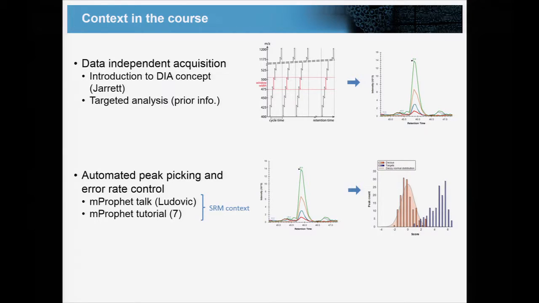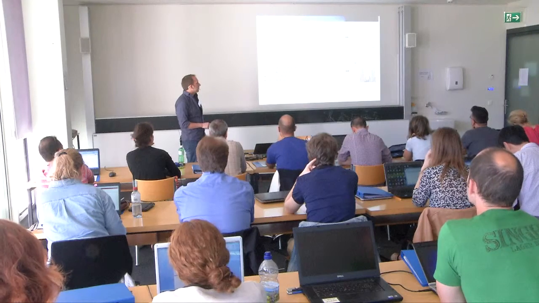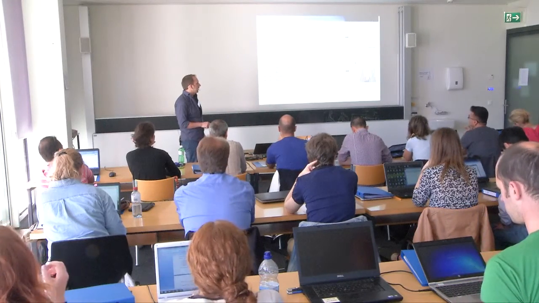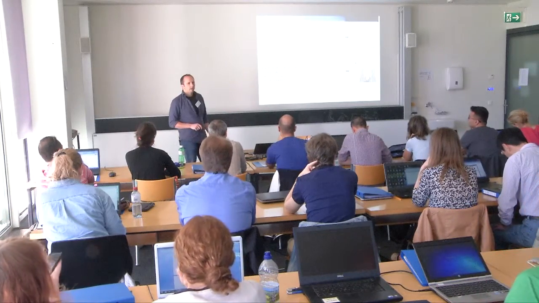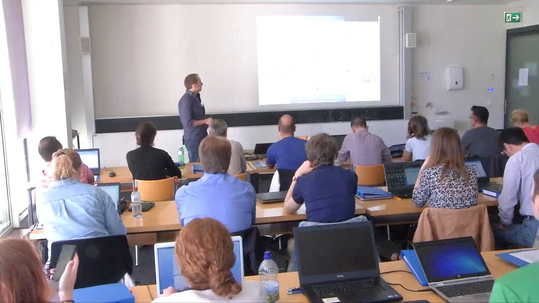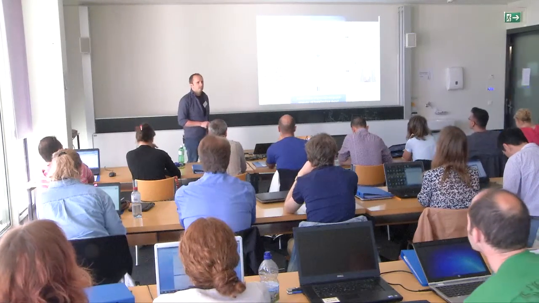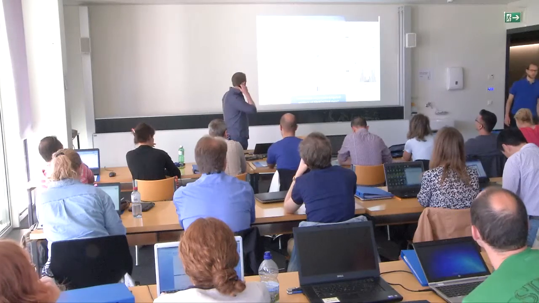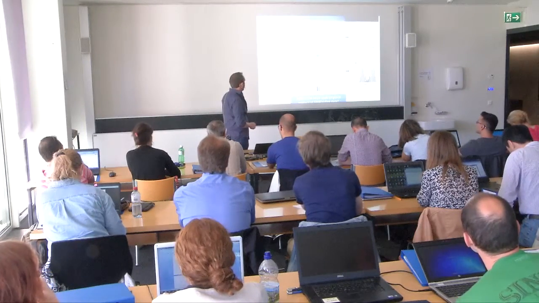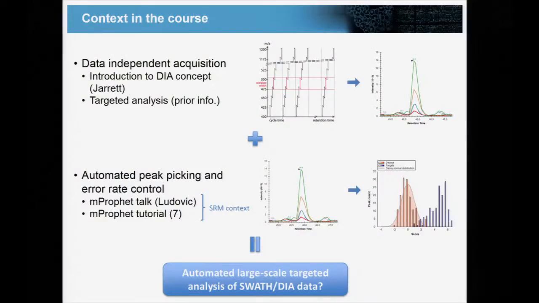But the idea here is if you have something that looks like SRM data, you can do an automated analysis, you can get automated peak picking, you can get estimates of the false discovery rate and so on. So the idea is whether we can put these two concepts together so that now we can go to automated large-scale data analysis of SWATH or DIA data.